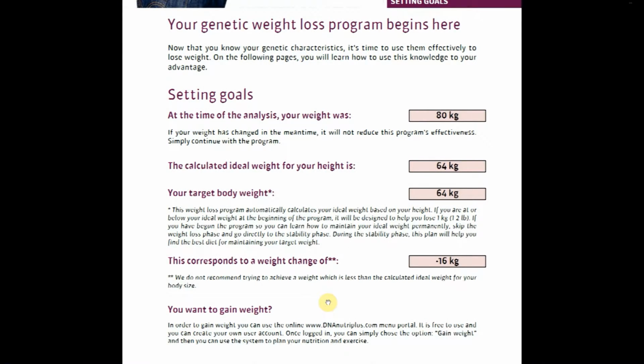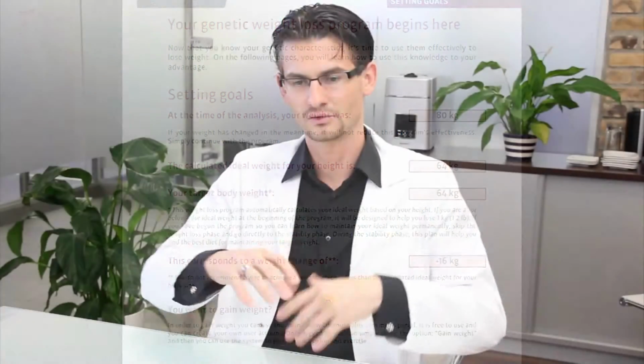the paper version of the program would end here. We have a menu portal, www.DNAnutriplus.com, where you can log in with the genetic results, and then you can create your menu. And there's a tab where you can click. One is for losing weight, one is for maintaining weight, and one is for gaining weight. You just click on gain weight, and then the program creates a certain food menu for you.